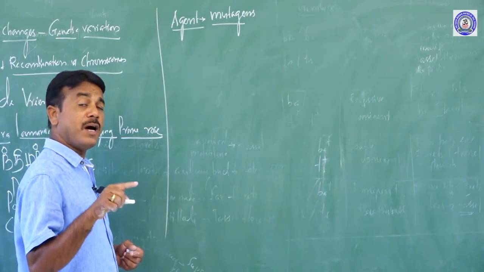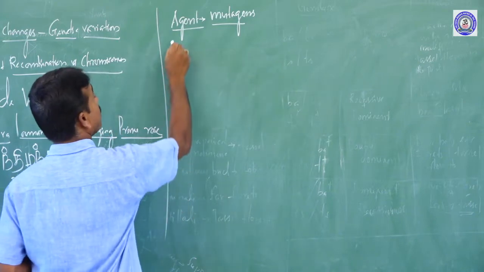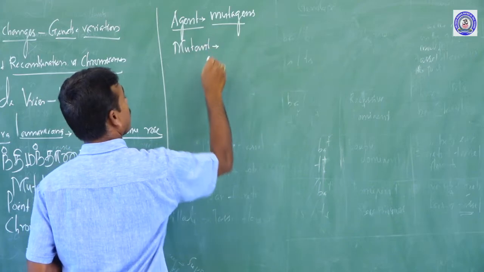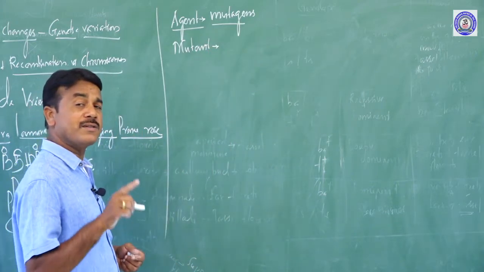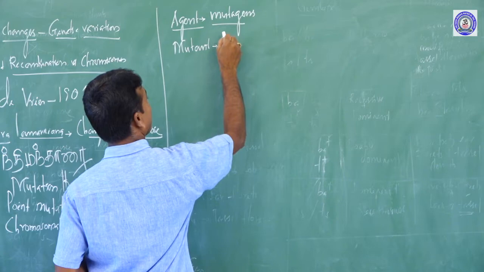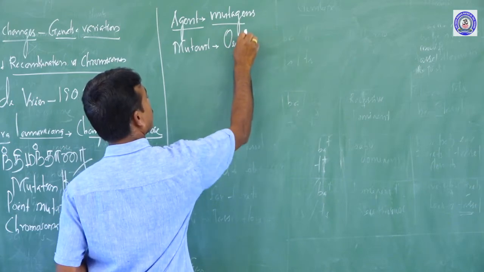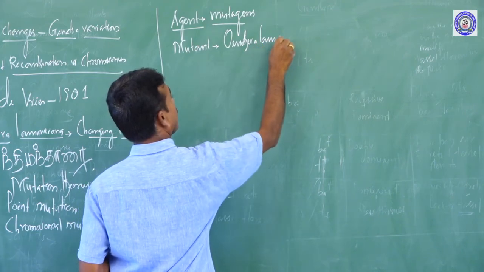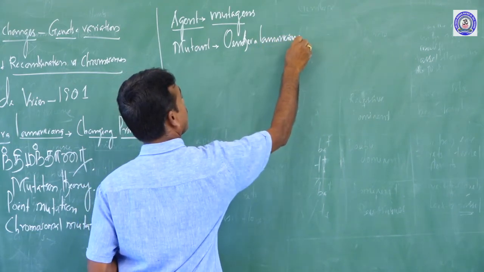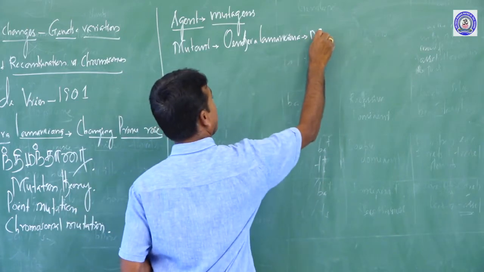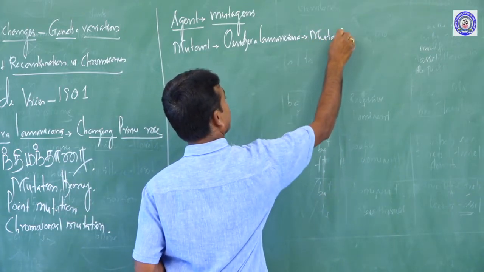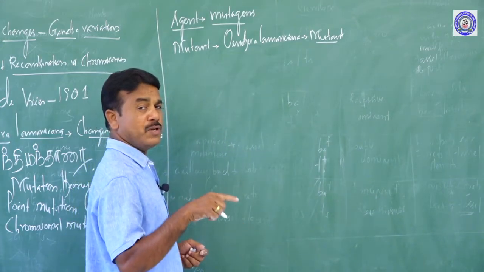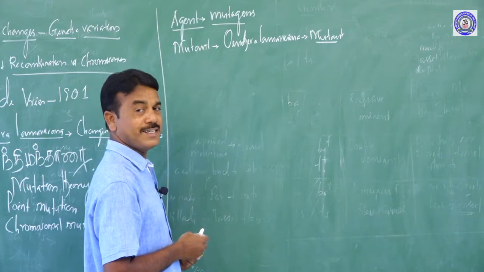Which organism undergoes mutation is commonly called a mutant. So Oenothera lamarckiana is a mutant variety, because the plant undergoes mutation and such kinds of changes happen.